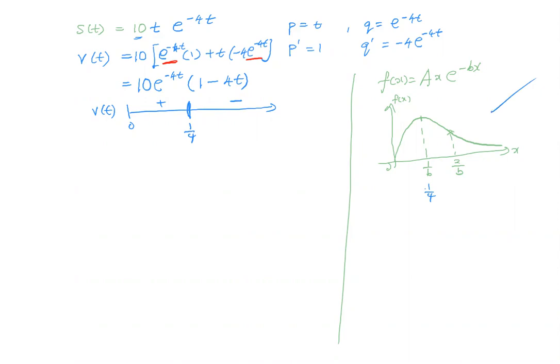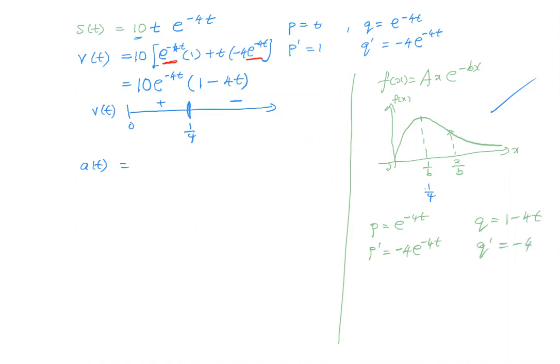Then now, if I want to get the acceleration function, what I will do, in this case, my p will be e to the power -4t. My q will be 1 minus 4t. So I differentiate, and here I differentiate.